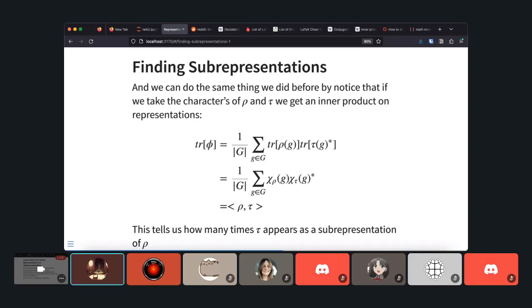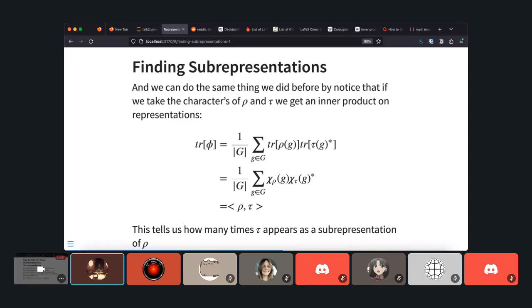If neither of them are irreducible, but they share some irreducible subrepresentations, then you'll get a number that corresponds to how many irreducible representations they share. But if both of them are irreducible, as I think we're about to find out, it's either 1 or 0.